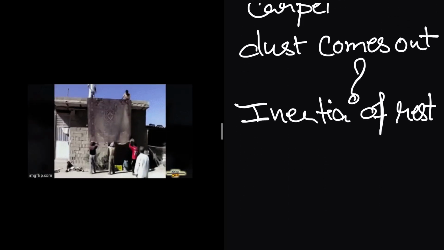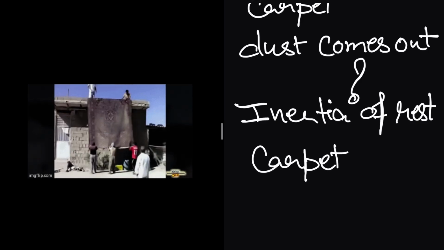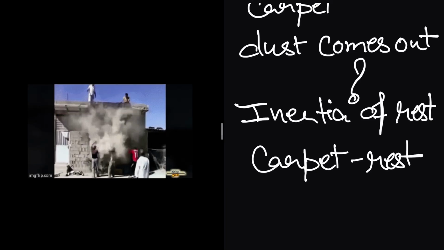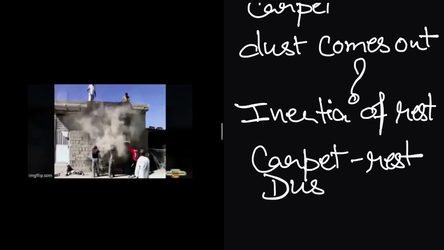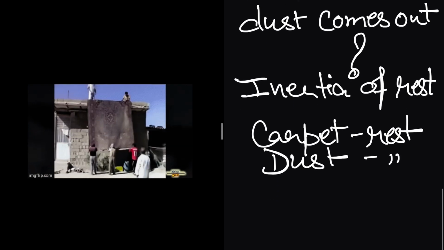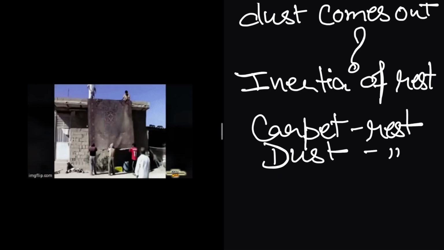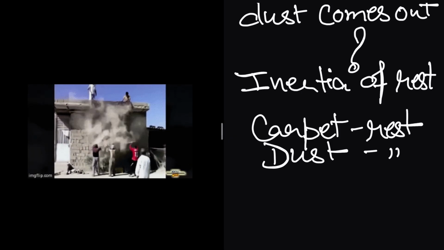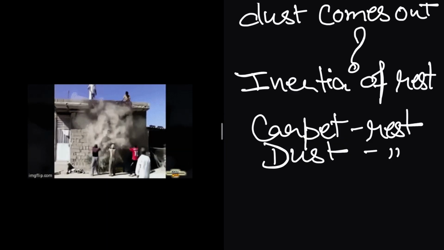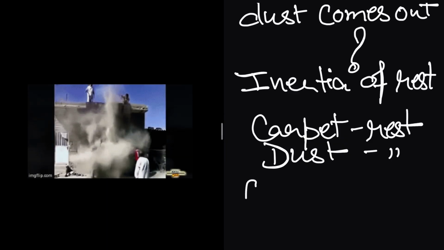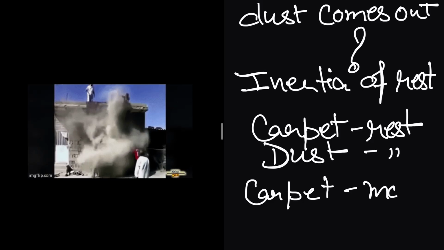Earlier, the carpet is at which state? It is at rest. Clear? Earlier the dust is also at which state? Rest. This is the first situation: when the carpet is at rest, the dust is also at rest. When we beat the carpet with some stick or shake it vigorously, what will happen? The carpet will come in motion.